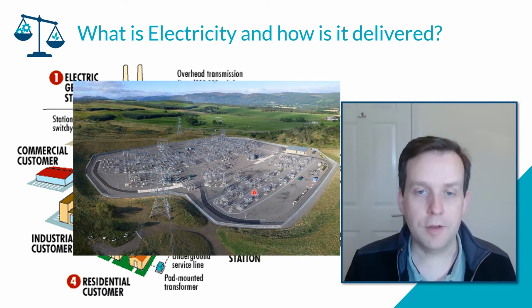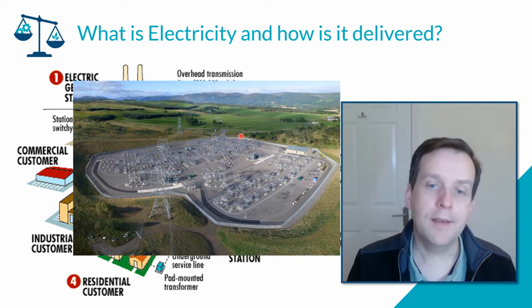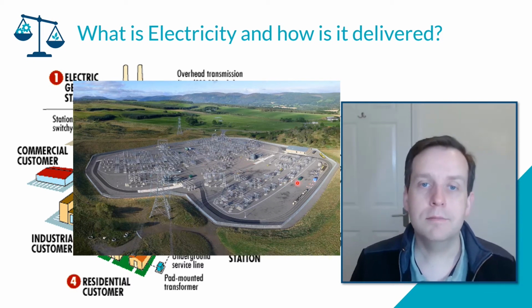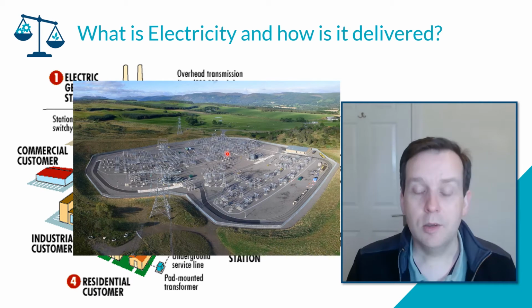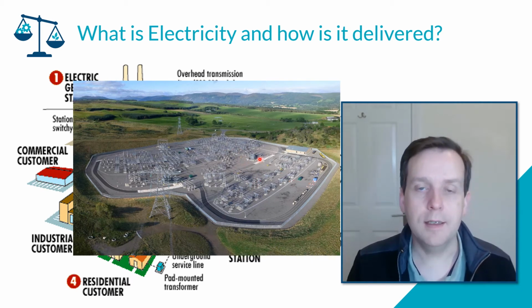So Northern Power Grid or Western Power may own half the site, so National Grid would supply the voltage in at high voltage, a transformer, and then your local distribution network operator would take that electricity and distribute it within the geographical region.